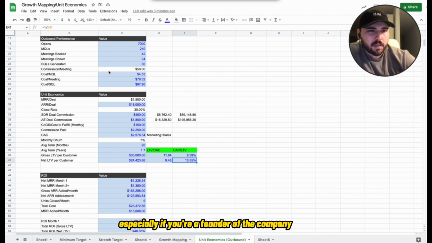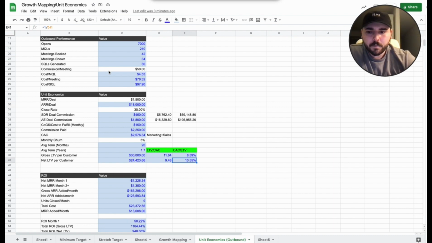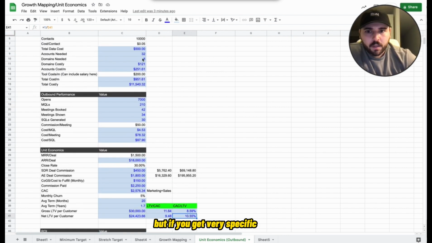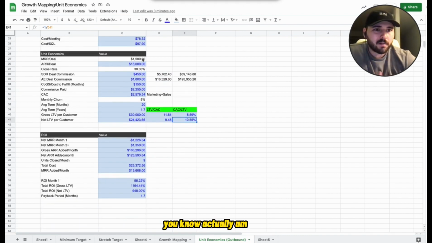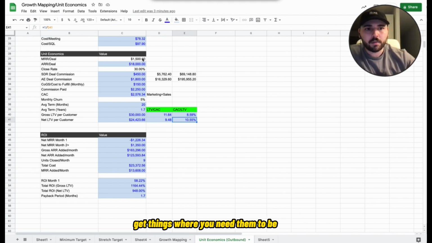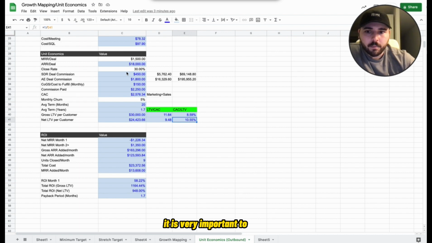Especially if you're a founder of the company, you do have a rough idea based on the amount of customers that are coming in versus what you're spending. But if you get very specific, then there's no reason that you can't actually create a successful business, right, and get things where you need them to be. Okay, so that's why it is very important to have your finger on the pulse here, right? That's all that we're doing.